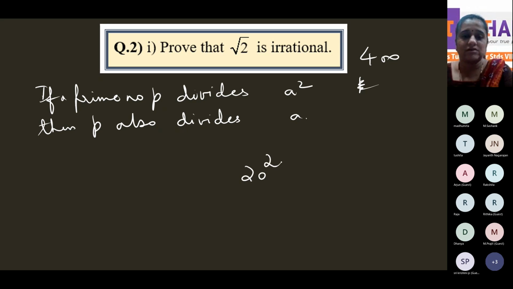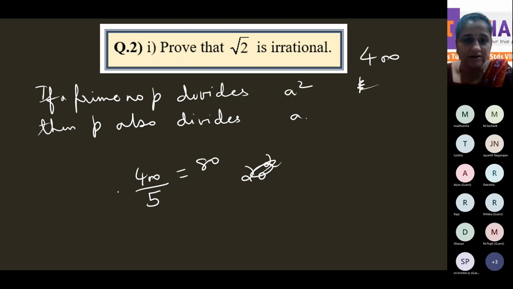Now tell me a prime number that divides 20 square. 20 square is nothing but 400. Now take the prime number 5. 5 is a prime number. Now does it divide 400? Yes, it divides 80 times. Now if 5 divides 400, that means 5 will also divide the square root of 400, which is 20.